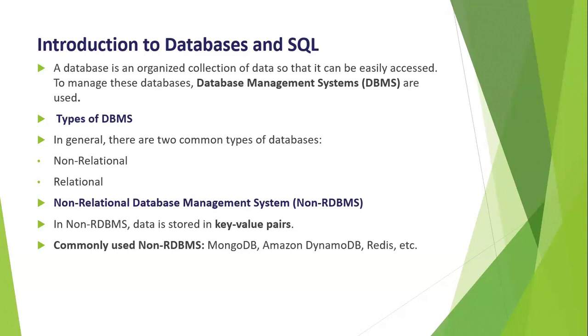But mostly for data science, it is all RDBMS. You don't have to go deep on these things. Just remember that non-relational means we don't have any relation between two entities. It's just simple data without any relation, key-value pair or whatever.